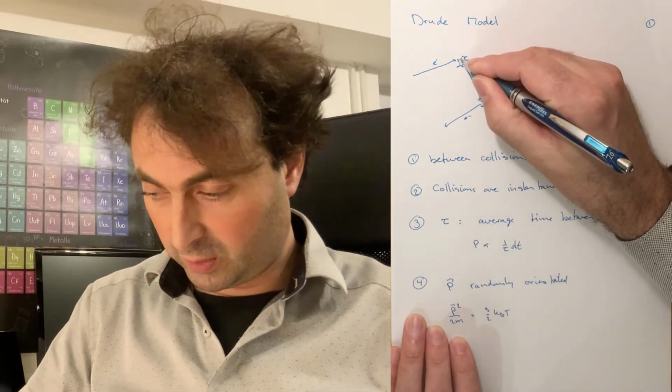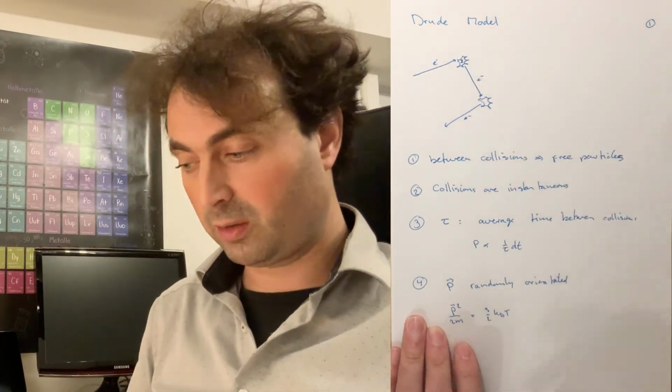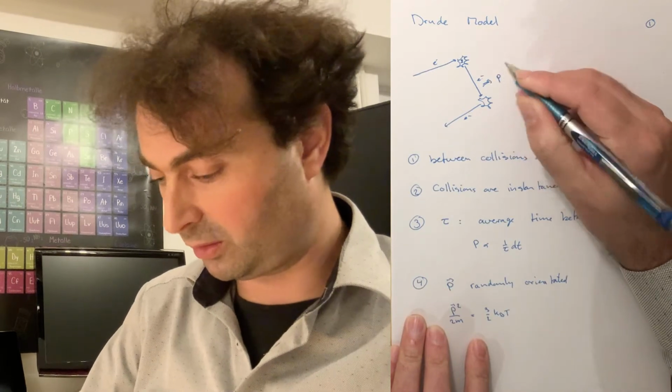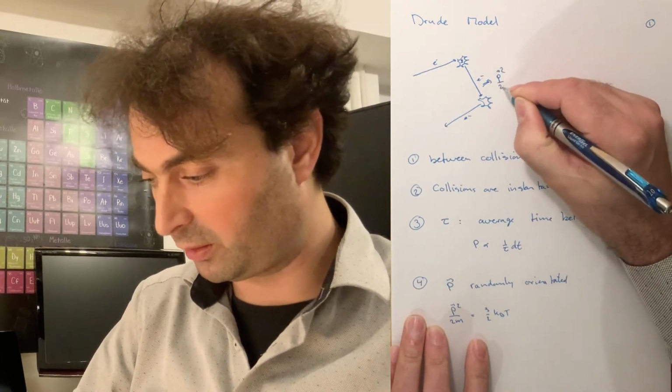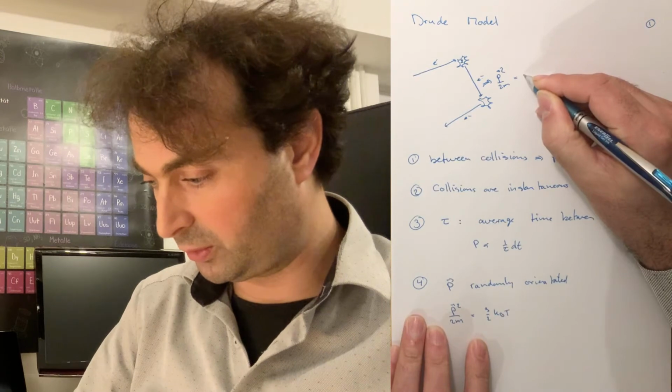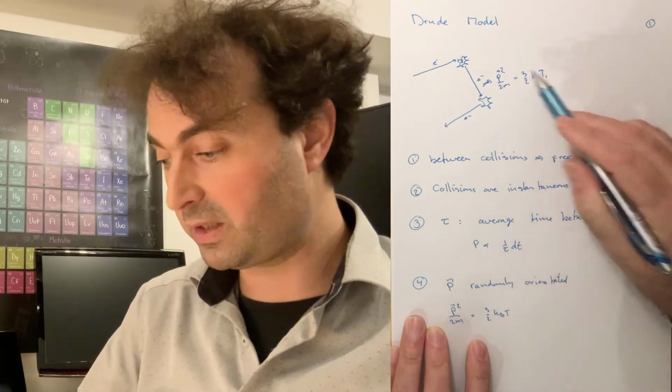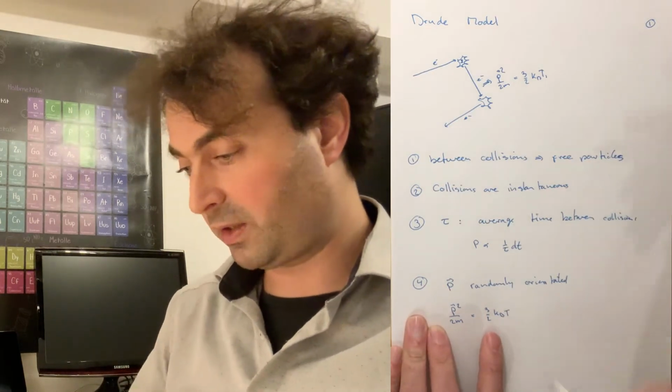If we say this collision happens at position 1, then we find here the momentum to be p squared over 2m equal to 3/2 kT1, where this is the temperature at this point in space.